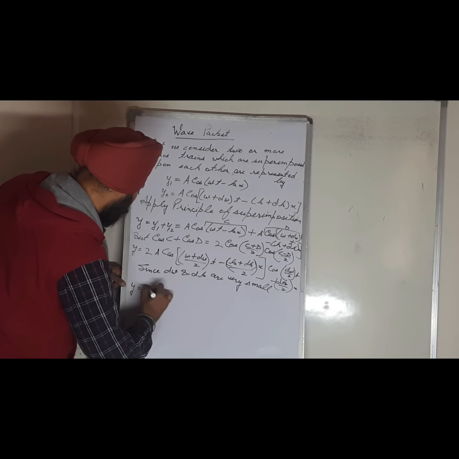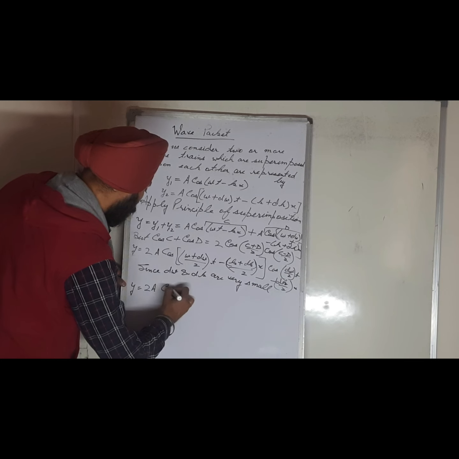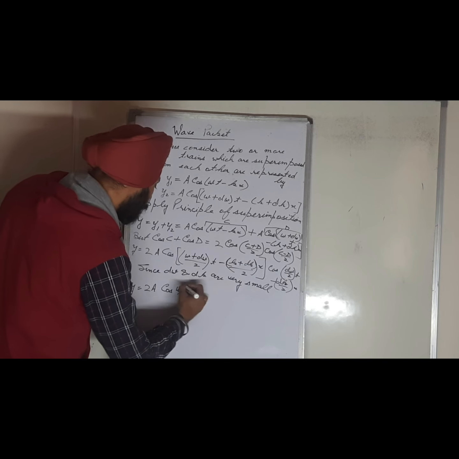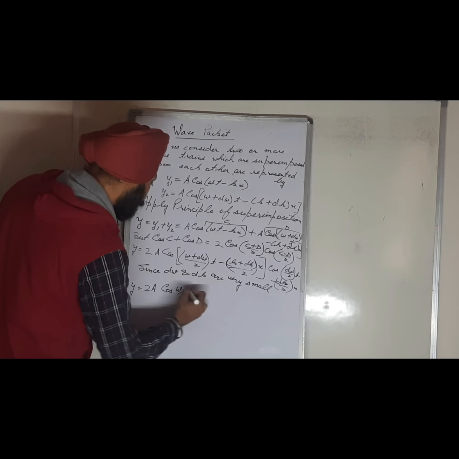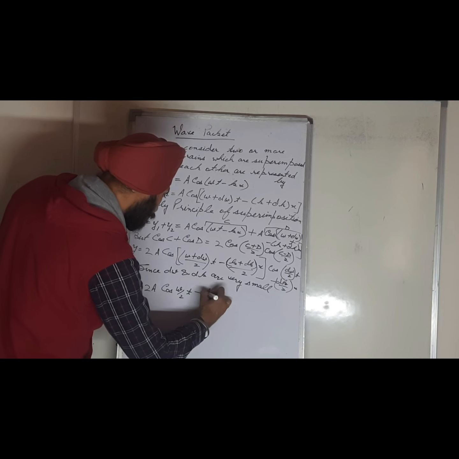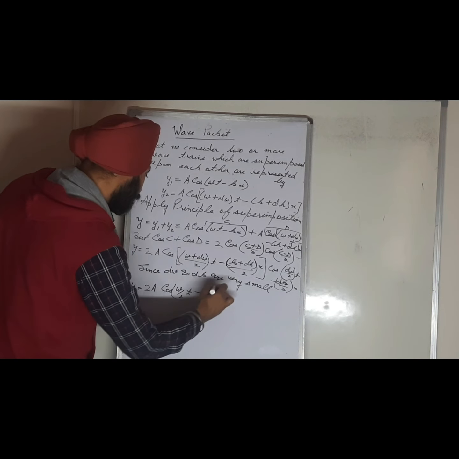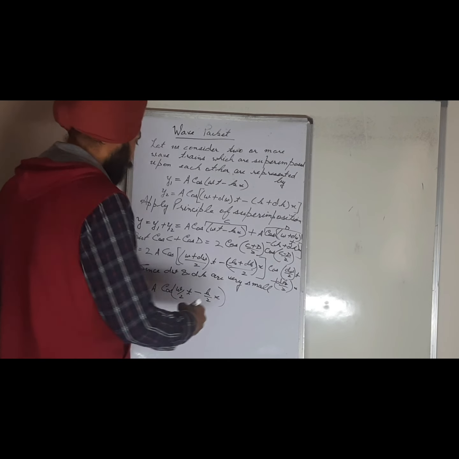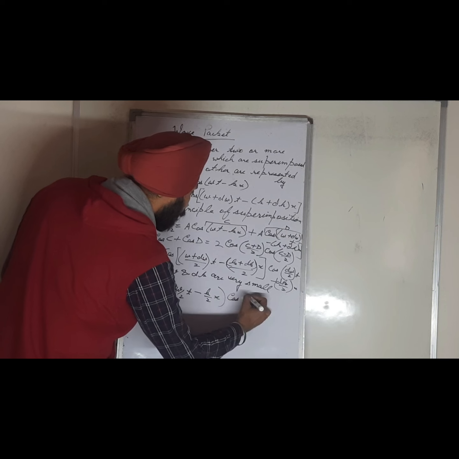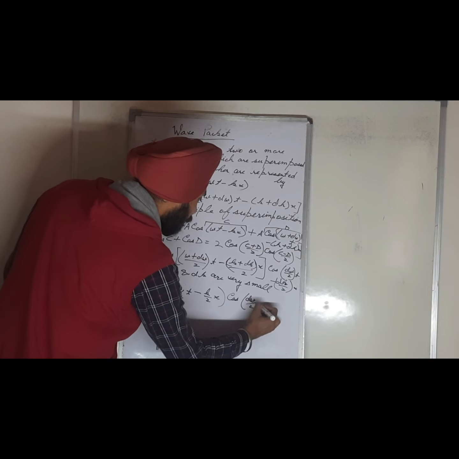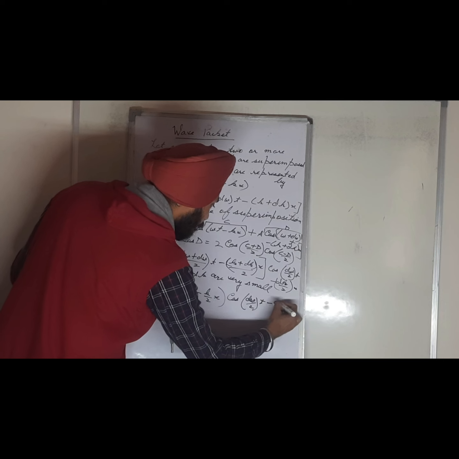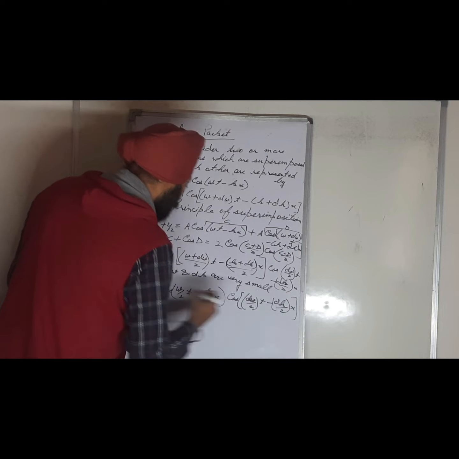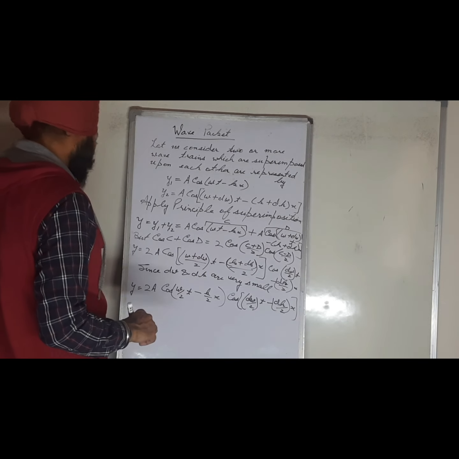So y is equal to 2a cos((omega by 2) into t minus (k by 2) into x), neglecting the terms d omega and dk here, along with that cos((d omega by 2) into t minus (dk by 2) into x), right.